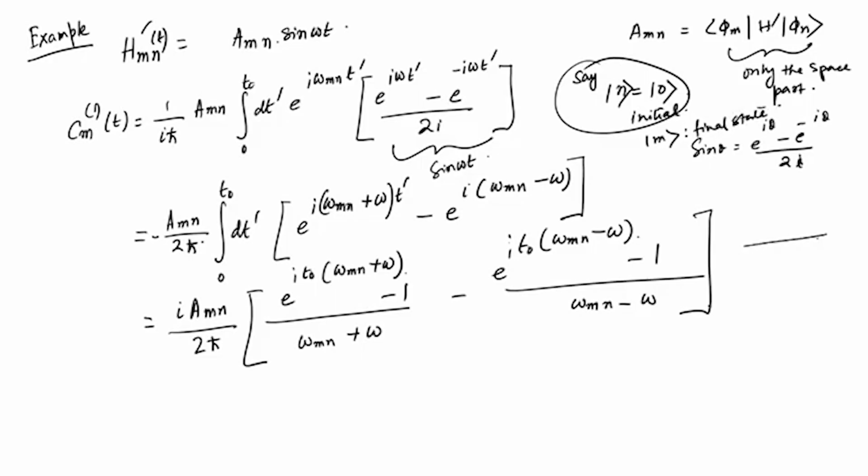Like these are two states, n and m, and the mod square of c_m(1) will give you a transition probability from some initial state, that is n, to a final state, that is m. Okay. So, these transitions are of course new for us because we have not seen them in the time independent perturbation theory. Let us look at these denominators, and these denominators will tell us something.